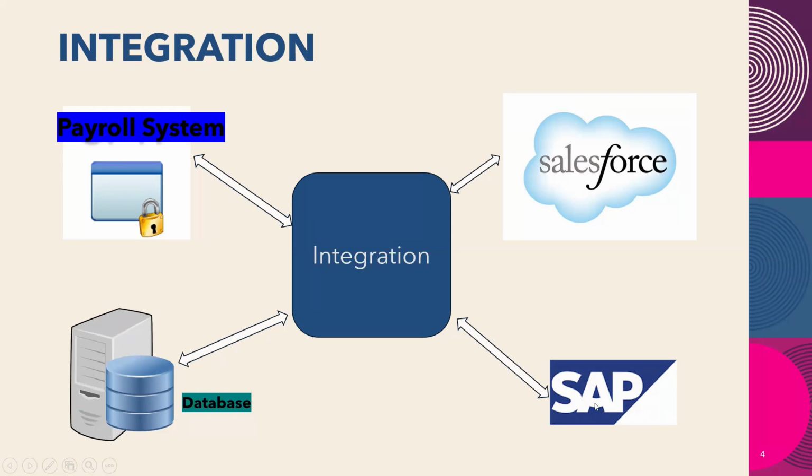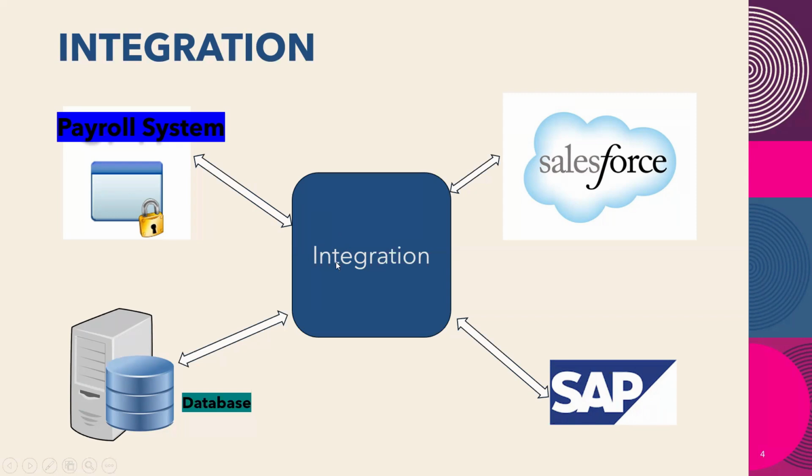From the inventory system, like SAP, you can get the inventory-related information and update the respective target system. And from the payroll systems, you can get the employee records information, so that we ensure there is a smooth workflow across all these applications.